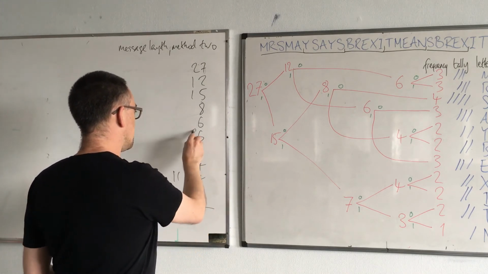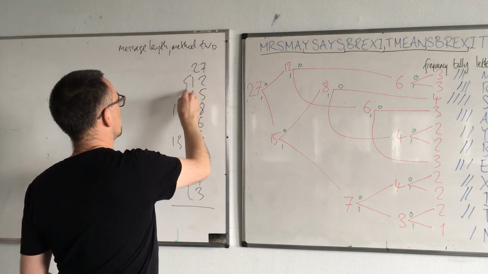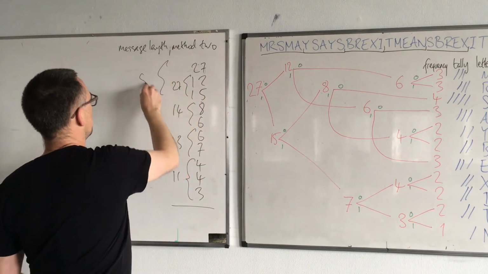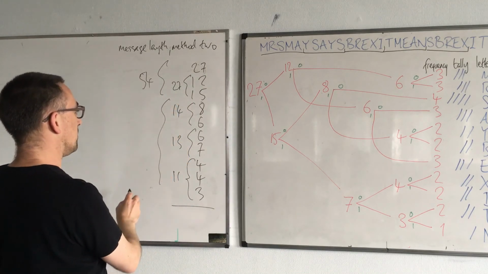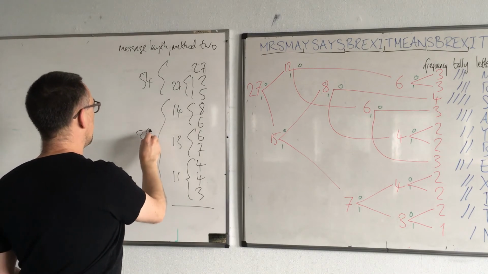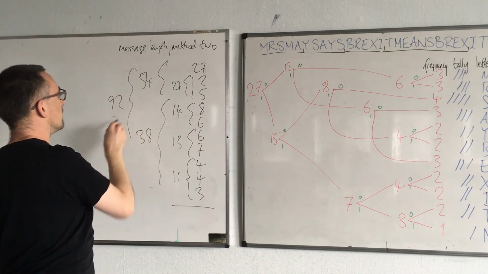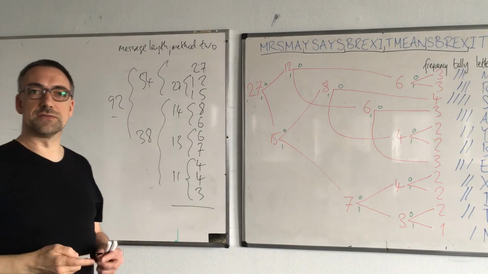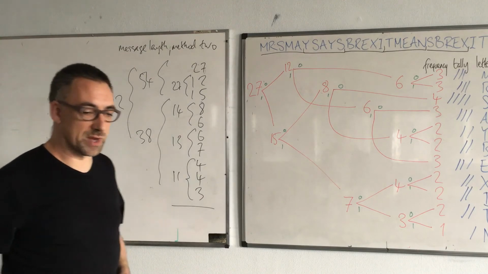It makes 11, 7 and 6 is 13, 6 and 8 is 14. Those two make 27, those two make 54. These three make 38, and 38 and 54 make 92. Thank goodness for that. So we've got this message length cooked both ways.